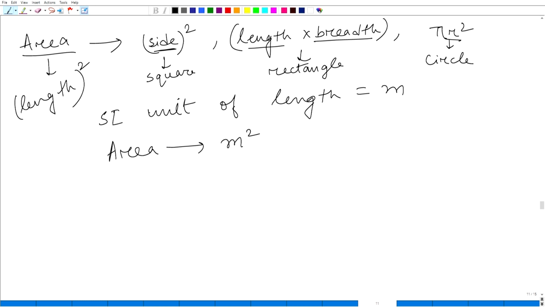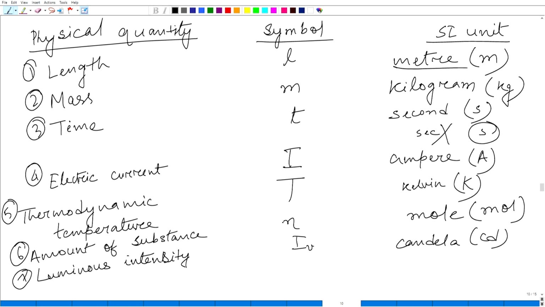Although the SI unit of length is meter, for example, if we are measuring the length of a piece of cloth, we measure it in meter. But when we are measuring the length of a pencil, it is such a small quantity that we cannot measure it in terms of meter.